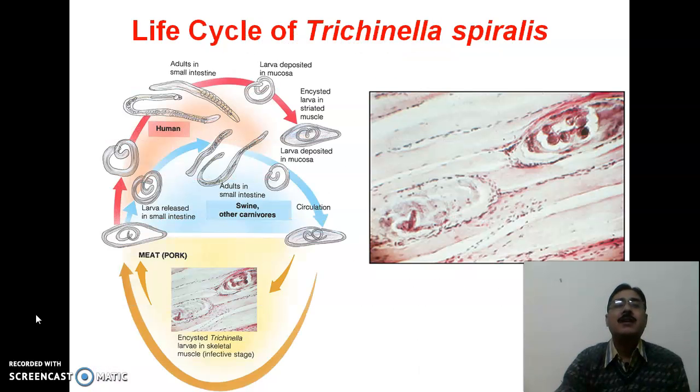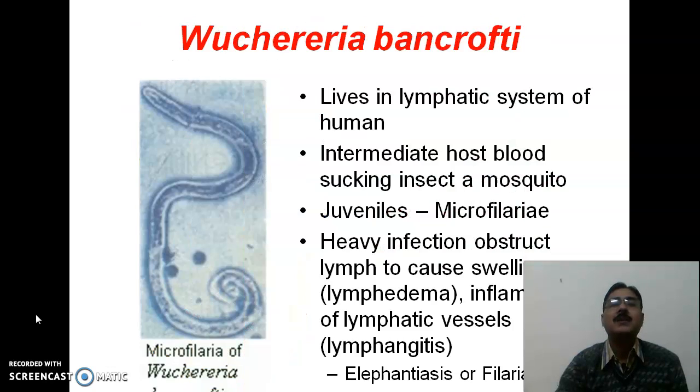This is the life cycle of Trichinella spiralis. You can see in the human being, the adults are present in the small intestine. The larvae deposit in the mucosa, and the encysted larva in the striated muscles, while whenever infected half-cooked meat or pork is taken by the human being, it enters the life cycle in the human being.